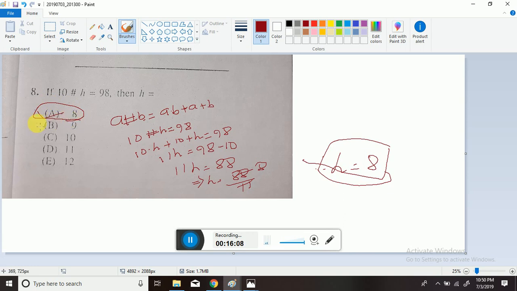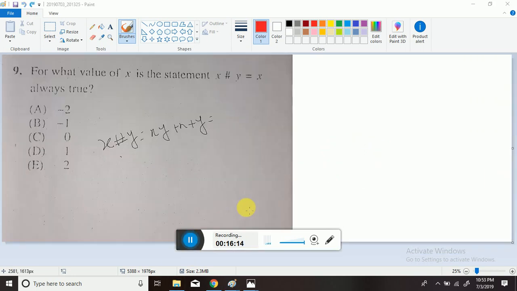Now with the same formula we have question number 9 also. For what value of x is the statement x has y equal to x always true? Always true means for what value of x? From the definition, x has y equals xy plus x plus y.